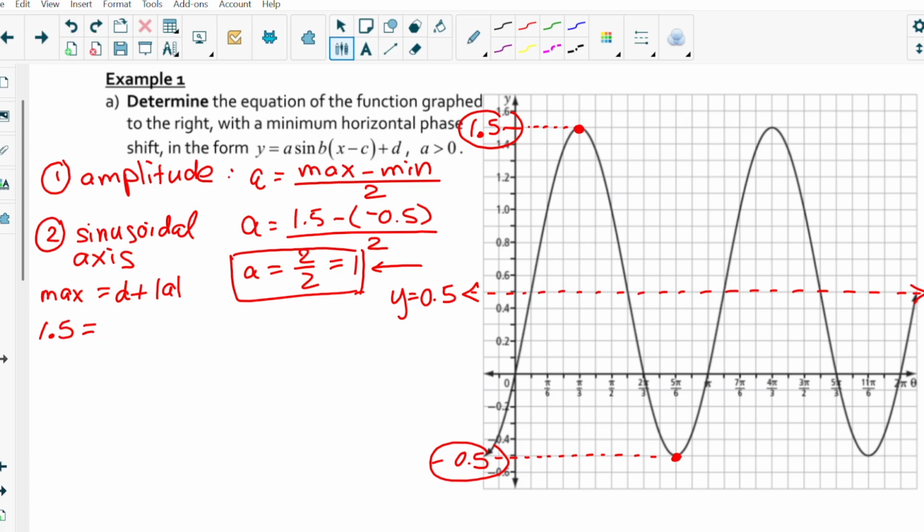This is the algebraic way to do it. D plus amplitude. Sorry, it's 1, so the absolute value of 1. So that is 1.5 equals D plus 1.